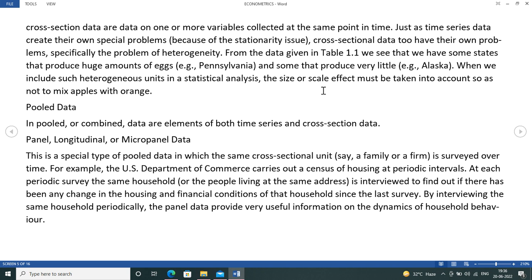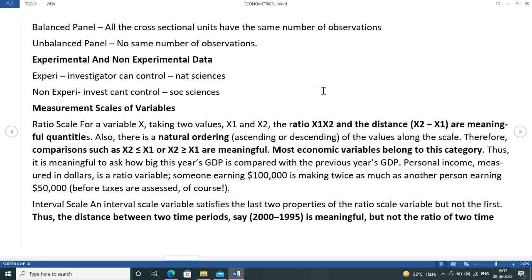For example, if you're considering only a set of families, like 10 families in a village, you will observe those 10 families' consumption behavior across time, so that you understand how the dynamics of household behavior change across time. For that you will use panel, longitudinal or micro panel data. So that's in regard to data types.